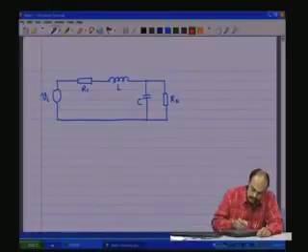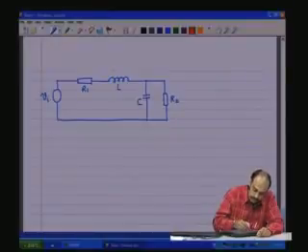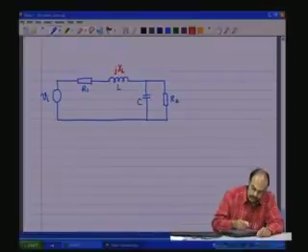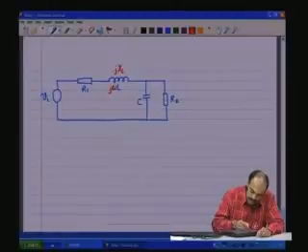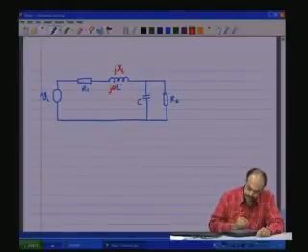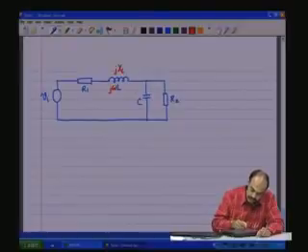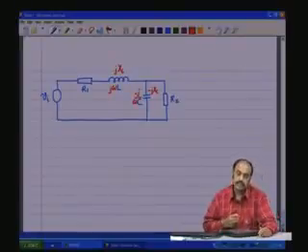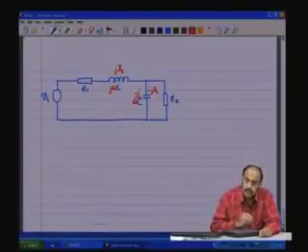Now, this L is providing an impedance which is jXL or j omega L at that frequency. And for the case of the capacitance, it is providing minus jXC, which is nothing but minus j by omega C. This is the impedance that it is providing.